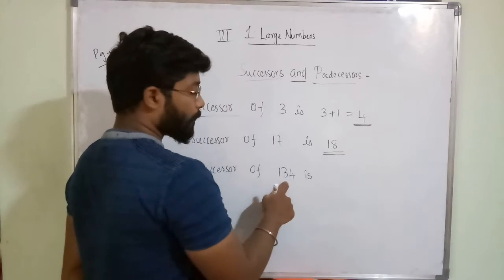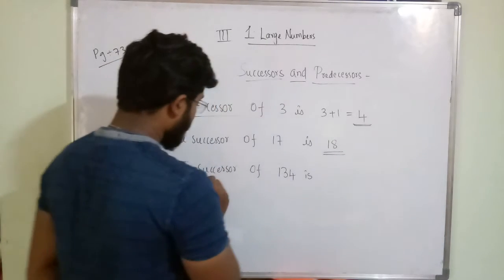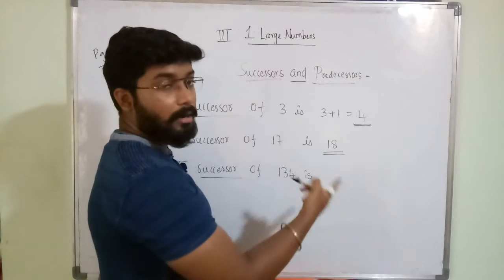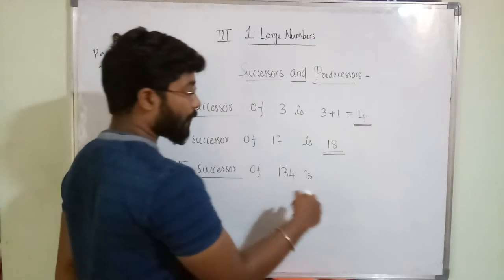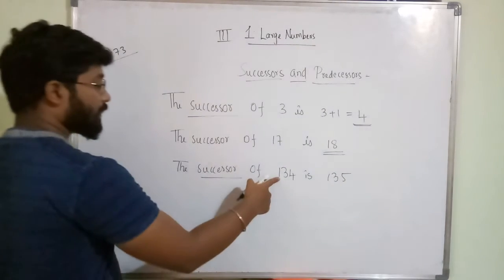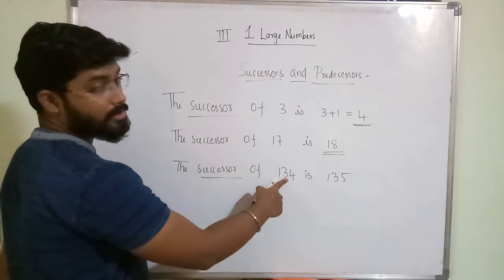If you are adding +1, what you will get? Here he is asking successor, so you have to see the after number, means you have to do +1. You will get 135.